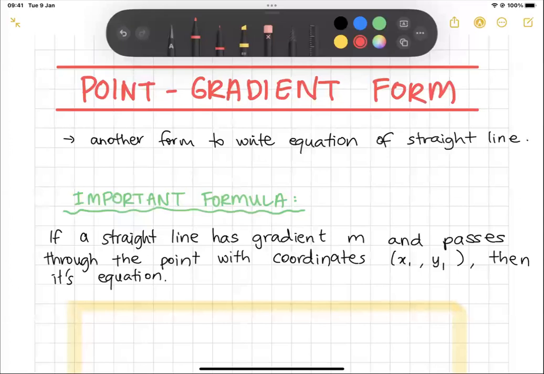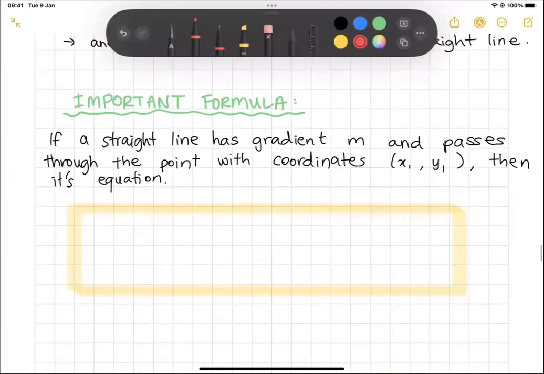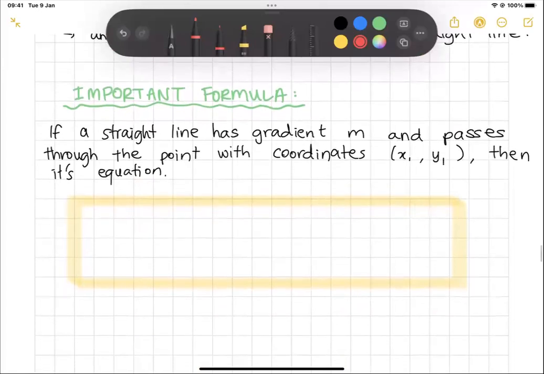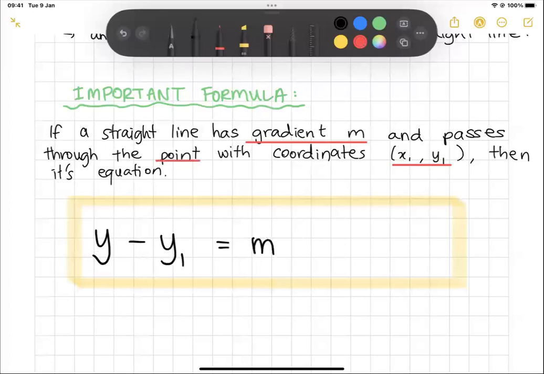Just like any mathematical concept, we love formulas. Formulas make it much easier for us to solve things. An important formula for this is that if we want to find the equation of a straight line, which has been given us the gradient and a point x1, y1, then its equation that we can create is using this formula here: y minus y1 equals m(x minus x1).